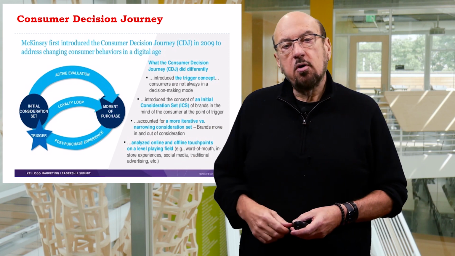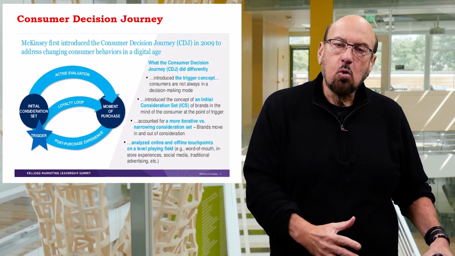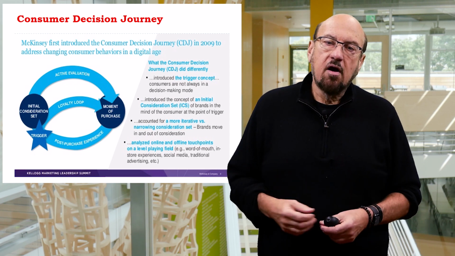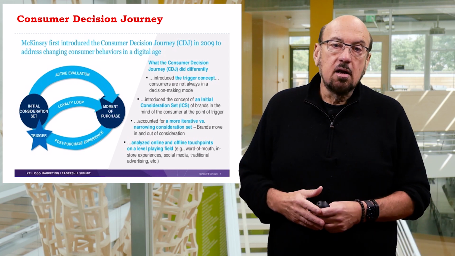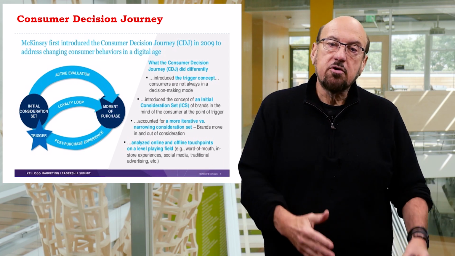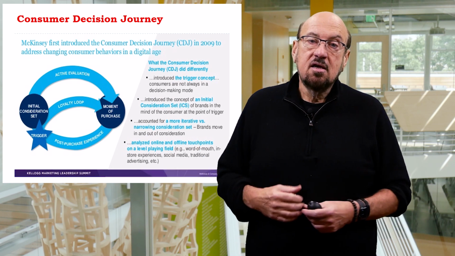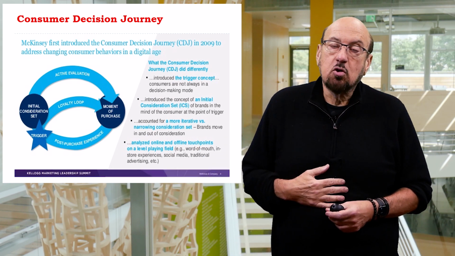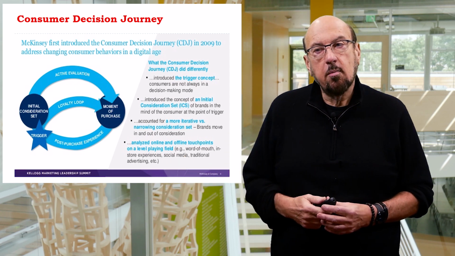And the moment of purchase, what goes into the moment of purchase? If we're in a store, understanding that environment, understanding what situational factors. Are we shopping alone, with friends, with family, with our kids? Is the task something for ourselves? Is it a routine task? Is it a gift that we're giving someone that we care about?